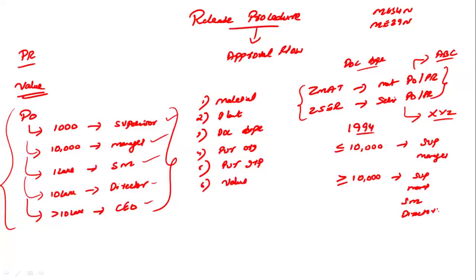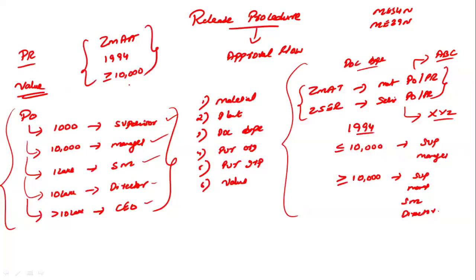Whenever you fix these values in the background of configuration, and then you create a purchase requisition using only these values, then the system will automatically trigger the release procedure and go for the approval for the certain IDs. For example, if I'm raising a purchase requisition using ZMAT document type with the plant of 1994 and the value is greater than or equal to 10,000, then this will go for approval.